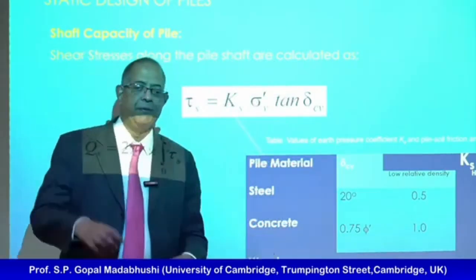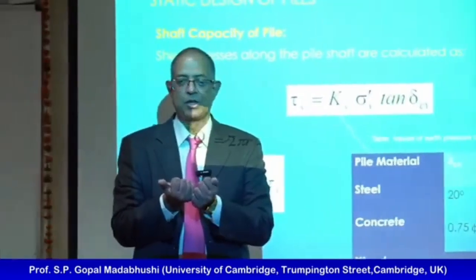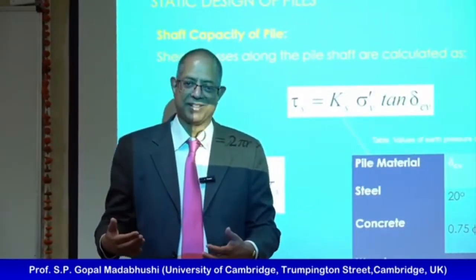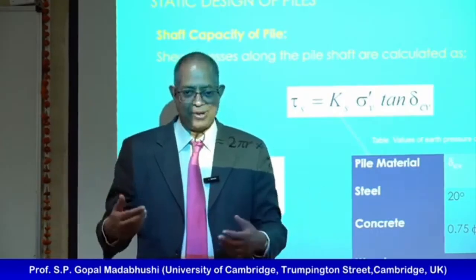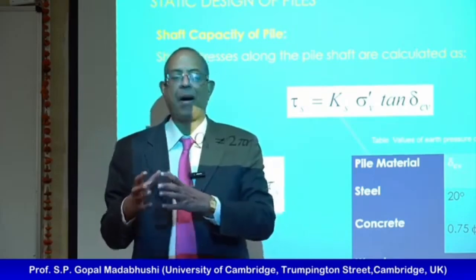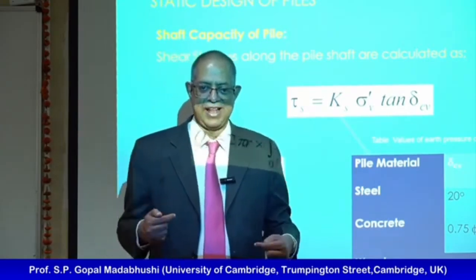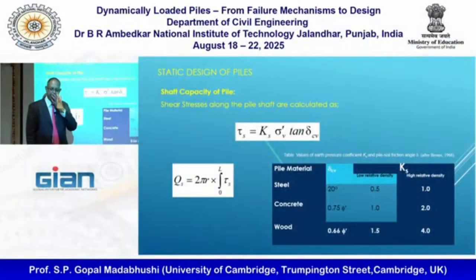If I drive the pile in and the soil is getting pushed out, I'm mobilizing more like passive pressure. So my horizontal stress goes up because my pile is being driven and pushing my soil, and a part of that will be left as a residual stress, and that's why you can have Ks values bigger than what you normally expect.